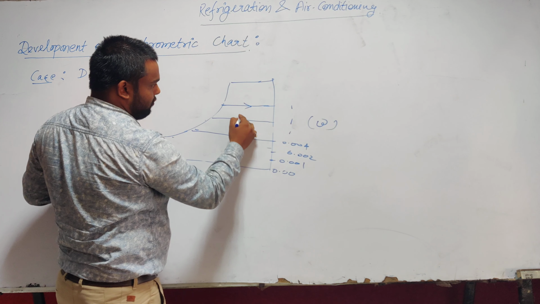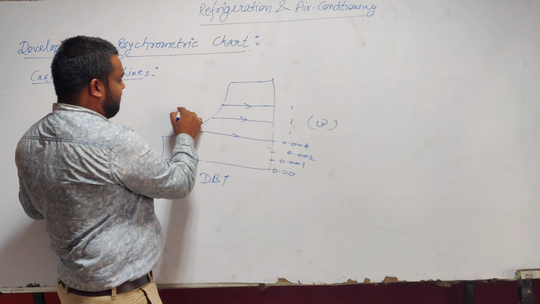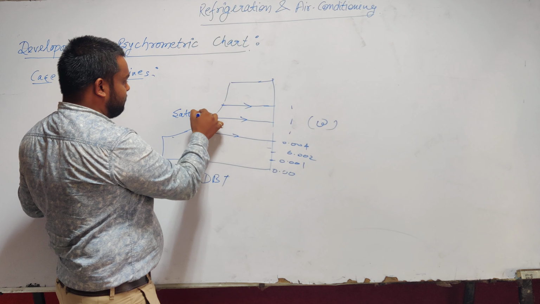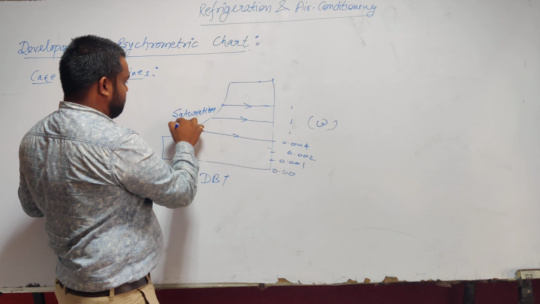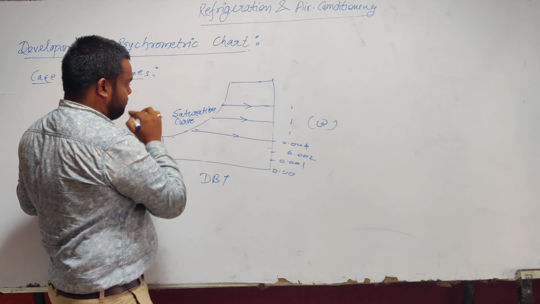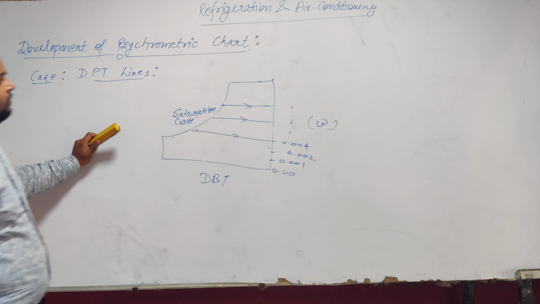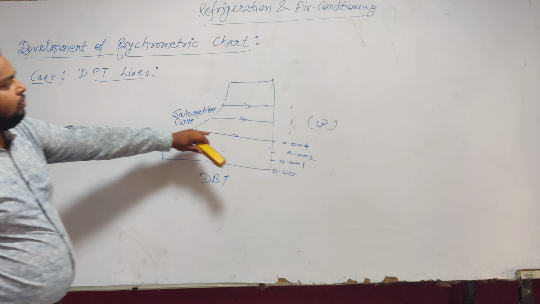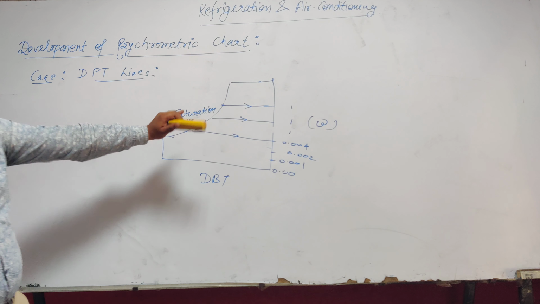DPT lines move away from the saturation curve. See the arrow? These move away from the saturation curve.